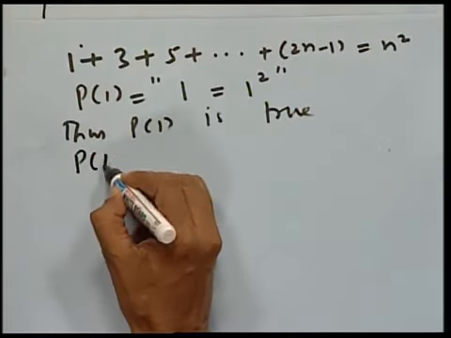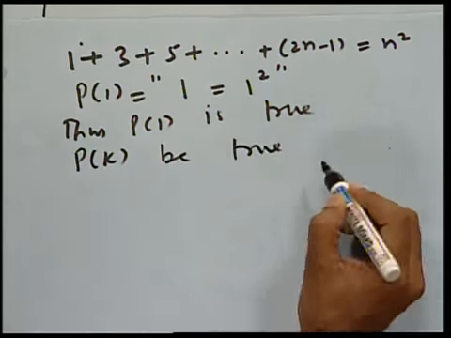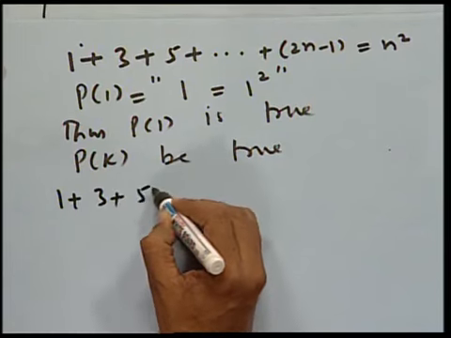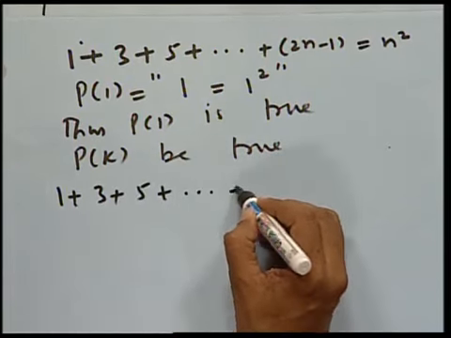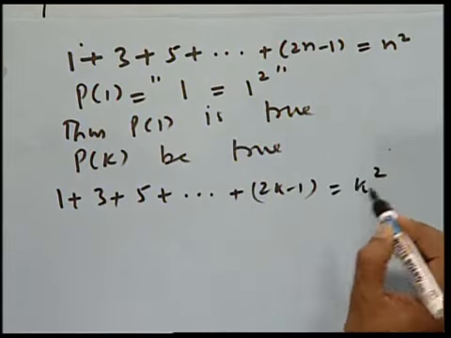Then we assume this for k, that is, we assume that Pk be true. This means 1 plus 3 plus 5 and so on up to 2k minus 1 is equal to k square.